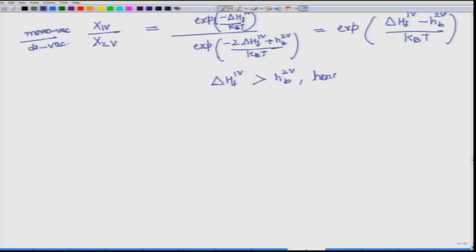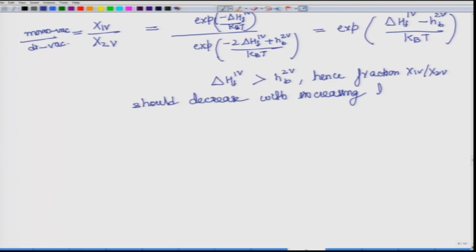Hence, the fraction x1V by x2V should decrease with increasing temperature. Meaning, as you keep changing the temperature, the number of di-vacancies should increase, the proportion of di-vacancies should increase with respect to mono-vacancies.